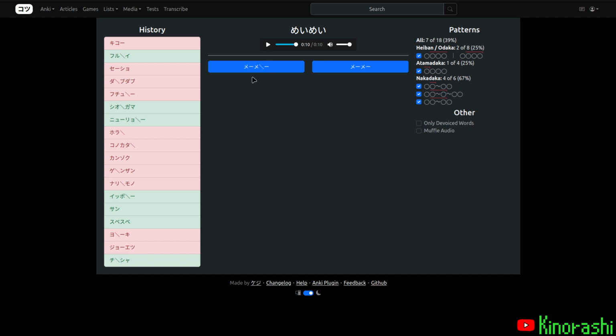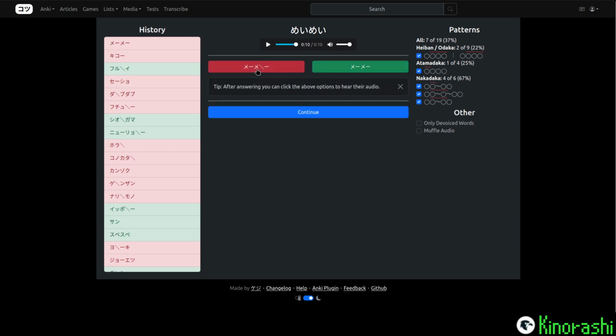This is a Nakadaka word, and this is saying it's a Heiban word, and this sounds like a Nakadaka. Me me. No, it was a Heiban. Me me. So 946. Okay.